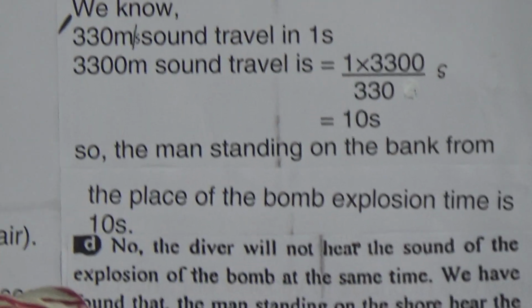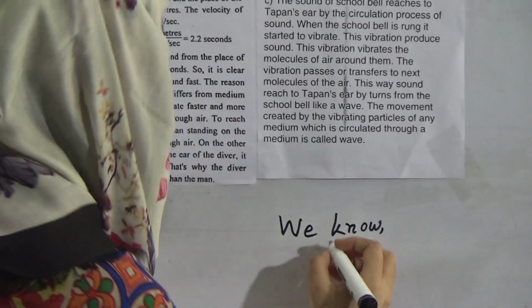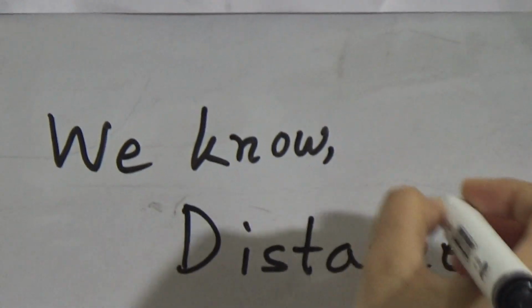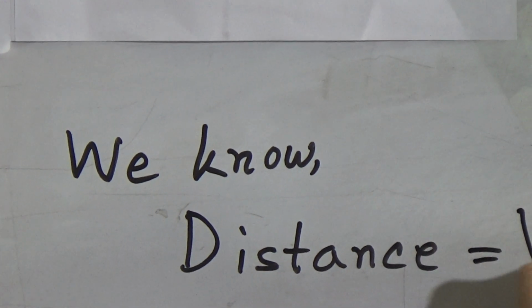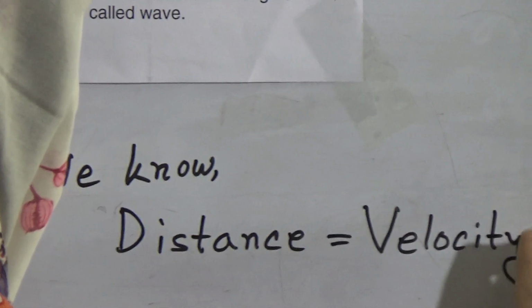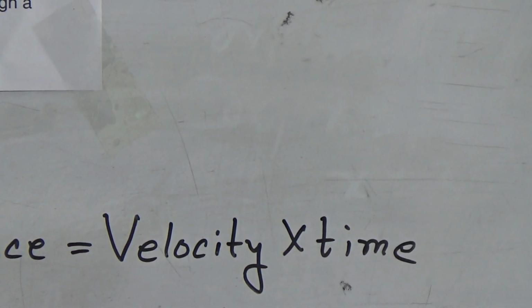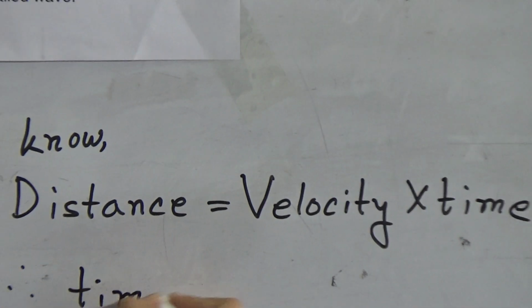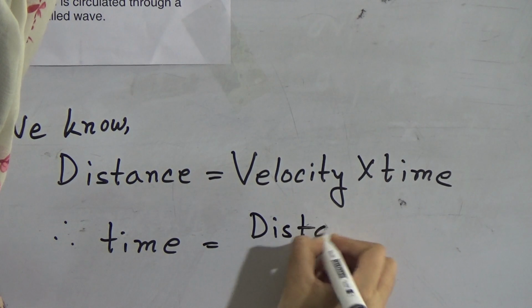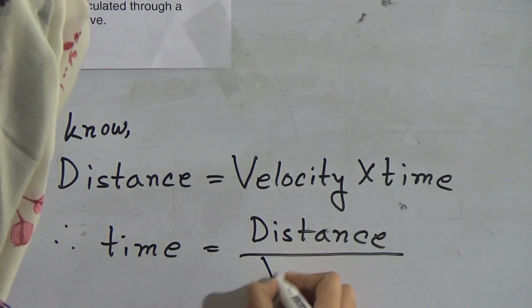We know this is a formula: distance equal to velocity into time. Therefore, time equal to distance divided by velocity.